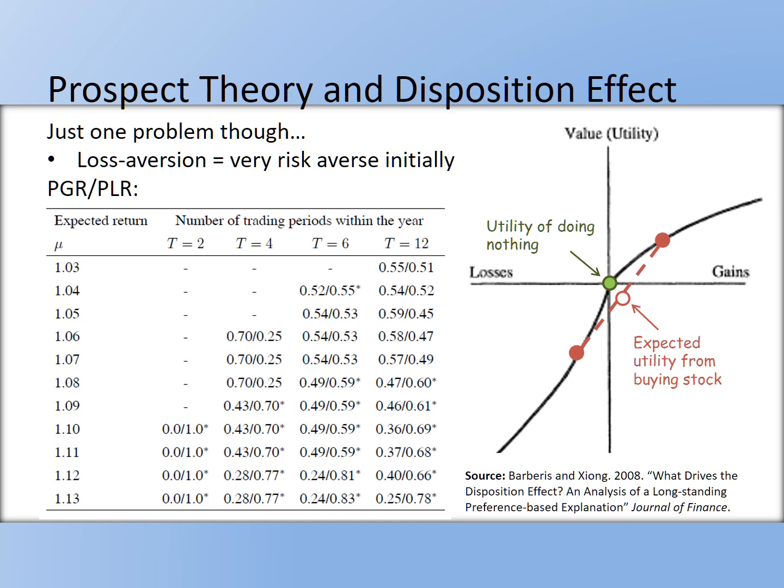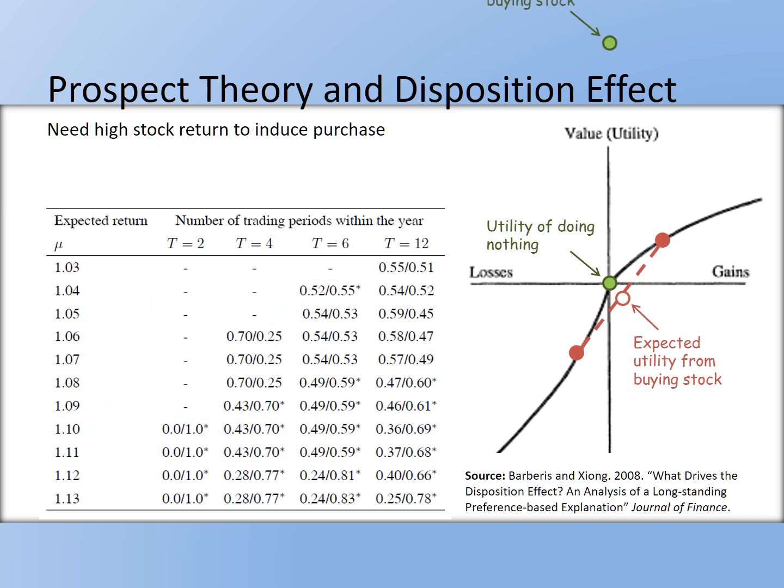Okay, let's look at cases where stock market return could be higher. Actual stock market return is closer to 10% than 3%. So if it's high enough, people would buy. The problem is, if return is so high, why would they sell the stock afterwards?